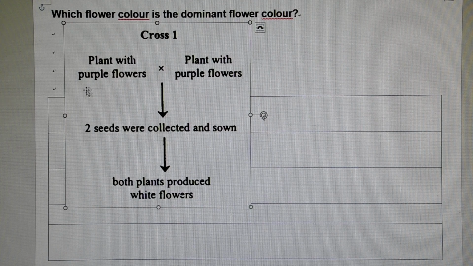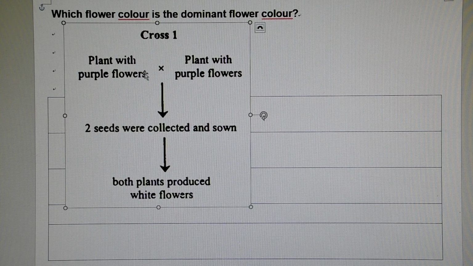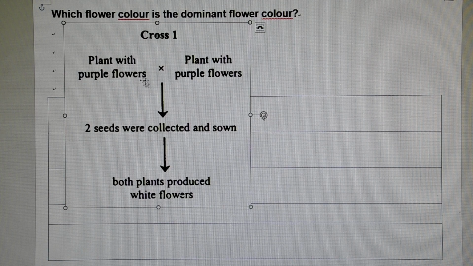So we are trying to explain to the others that these parents, or at least one of them, are heterozygous. We want to find out the heterozygous one, and since the heterozygous one shows purple flowers, it tells you that the purple flower is the dominant one.